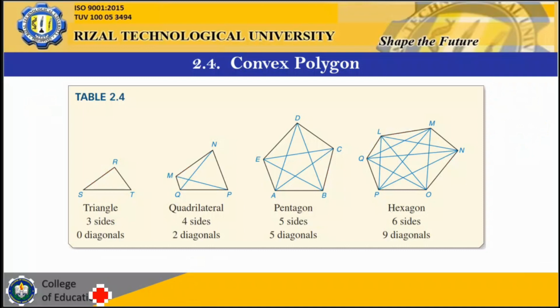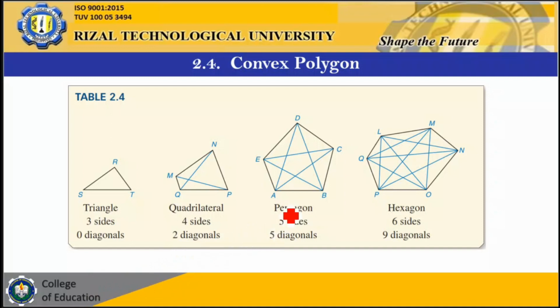It does not satisfy our definition, so definitely, it has no diagonals. For a quadrilateral, we know that it has 4 sides, then it satisfies our definition. It contains non-adjacent and non-consecutive sides. Therefore, we can construct 2 diagonals.